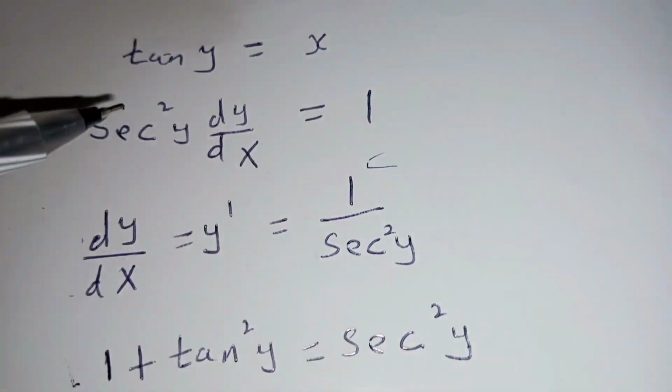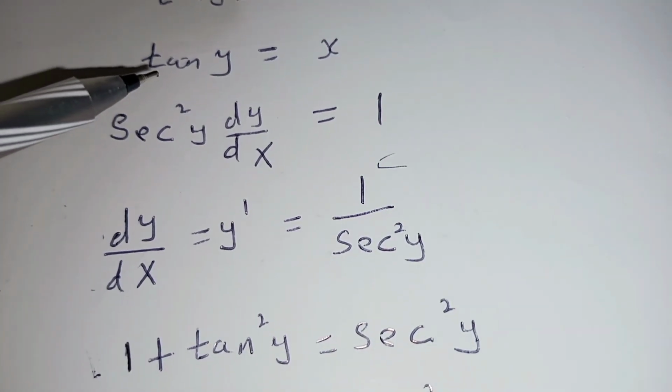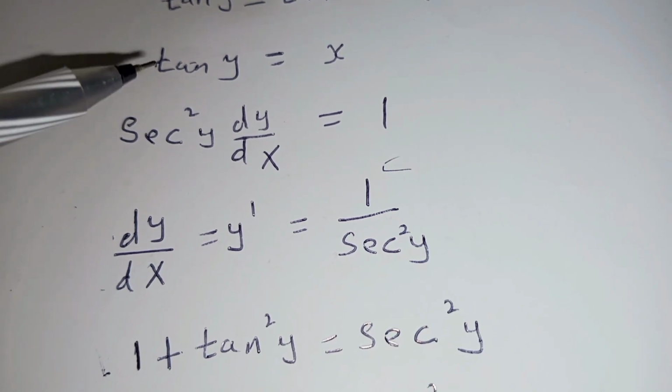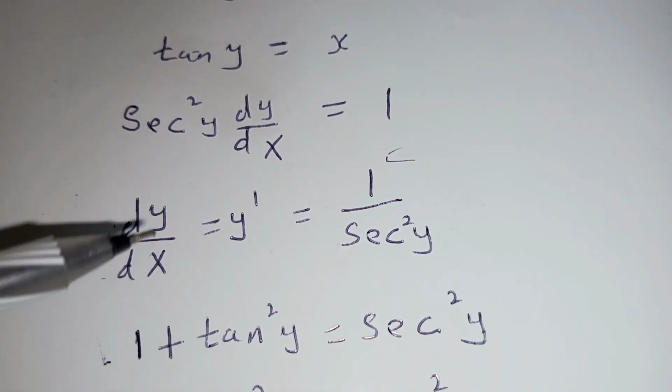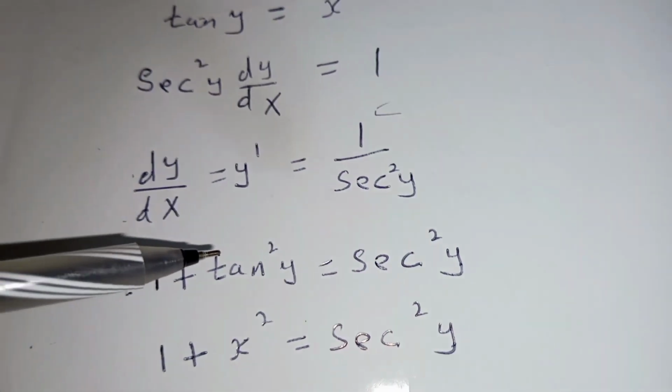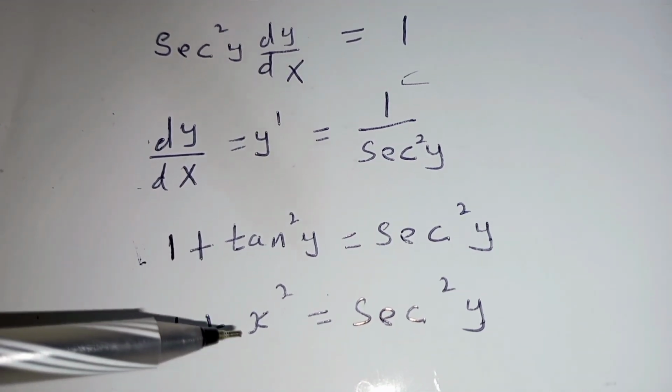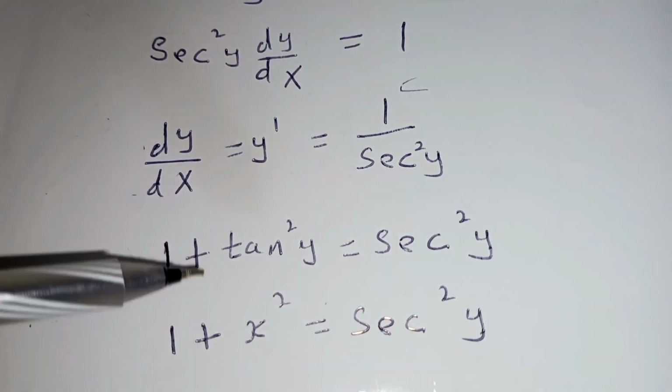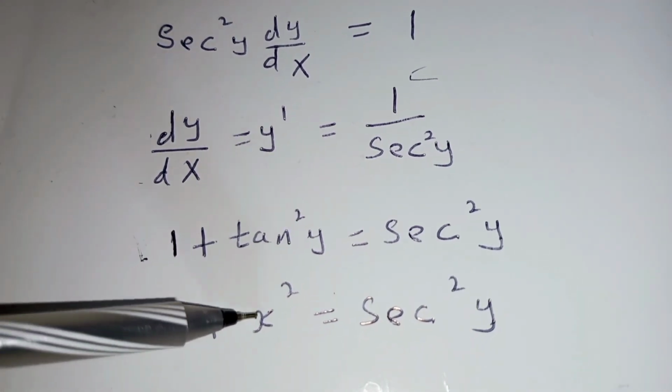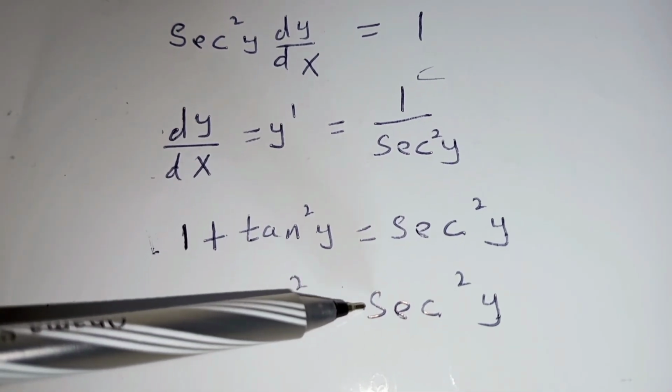And we made the substitution, whereby we know from what we have done above, tan of y is equal to x. So where you have tan, you substitute with x. And because tan is squared, you square. So 1 plus x squared is equal to sec squared of y.